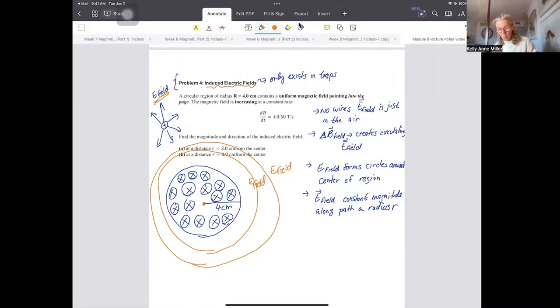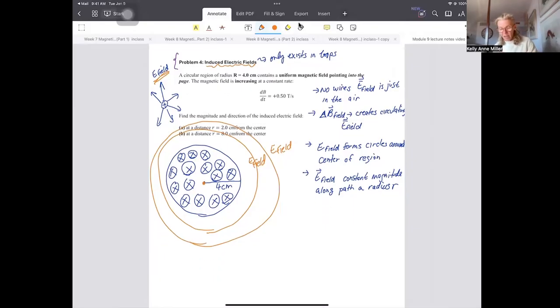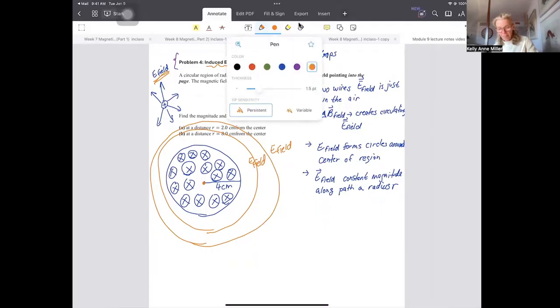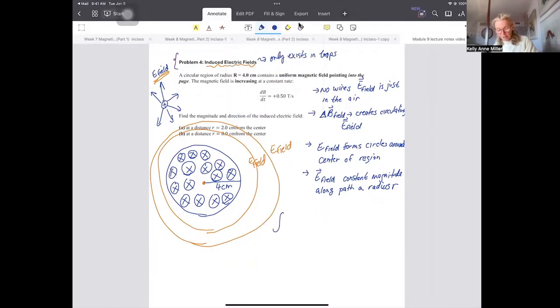We're going to use this idea from a few modules ago: if you draw an Amperian loop, before we used it to figure out the field from an enclosed current.